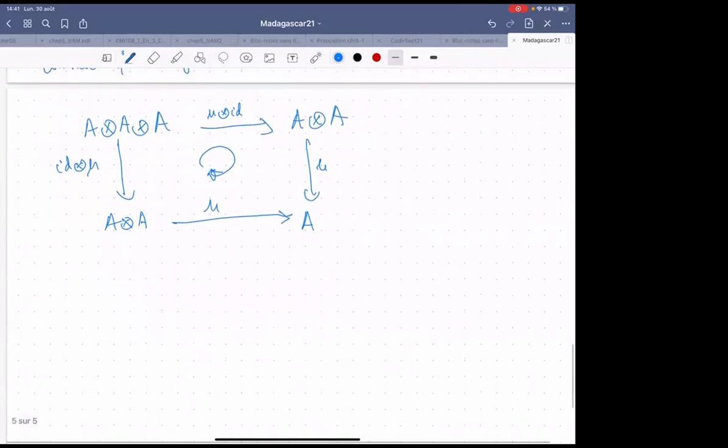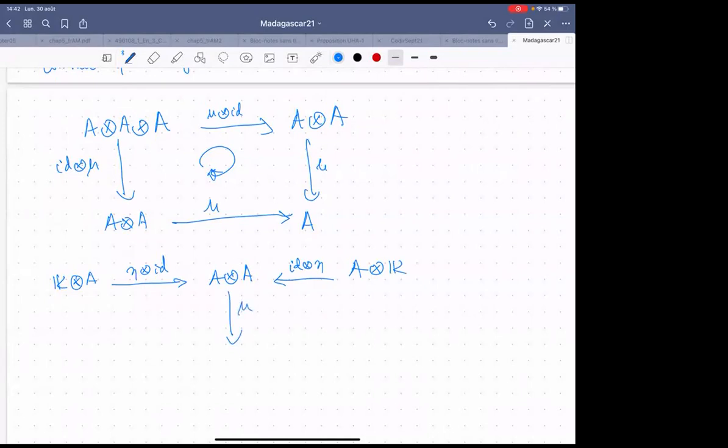And the unitality is expressed by the following diagram: K tensor A. I apply eta tensor identity here to get to A tensor A, and I can also apply identity tensor eta going from A tensor K. And here, if I apply mu, I get to A. And here I use the identification, because A is a K vector space, so I can identify A tensor K to A, this isomorphism.